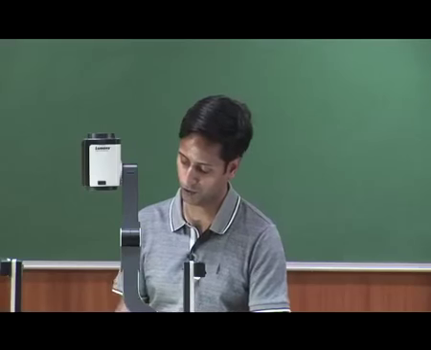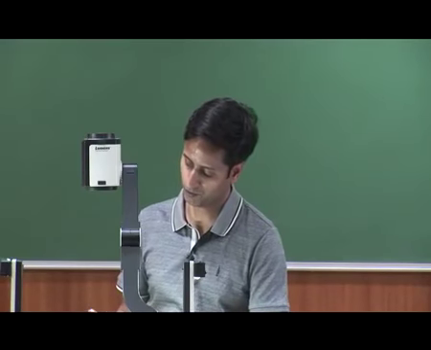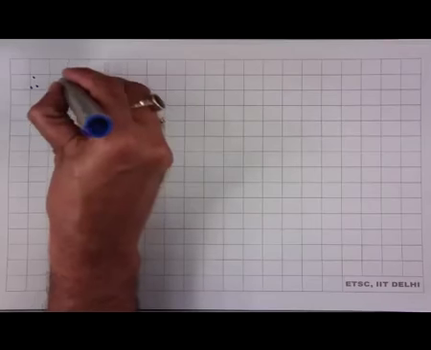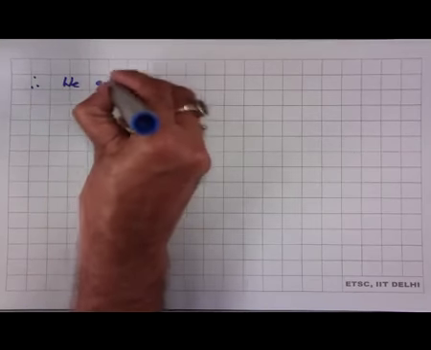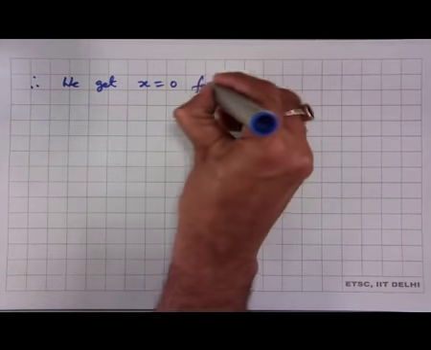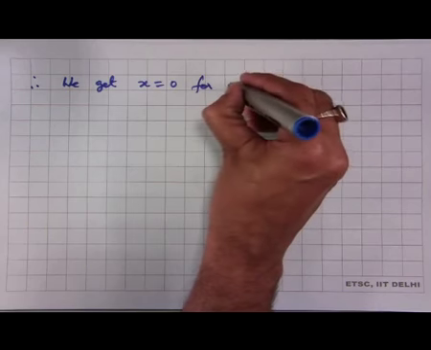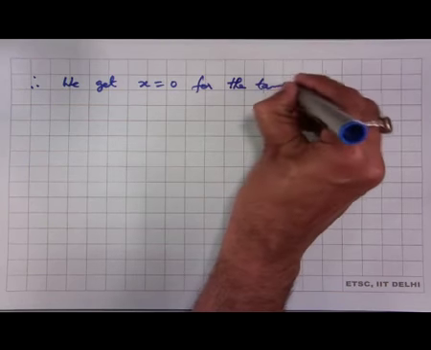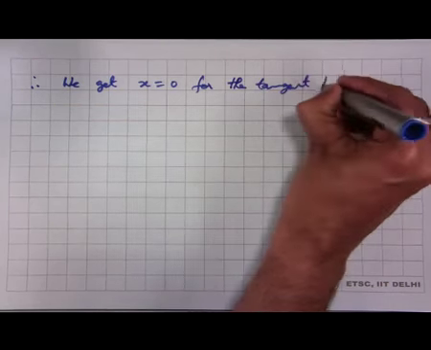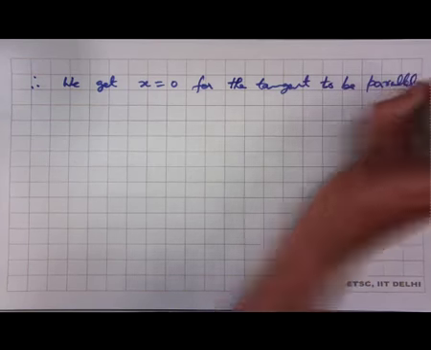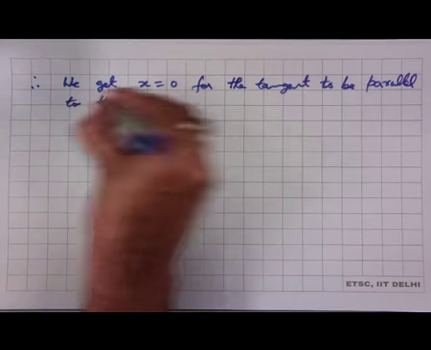So, if we equate the slope to be 0, we get x equal to 0. So, therefore, we get x equal to 0 for the tangent to be parallel to the x axis.